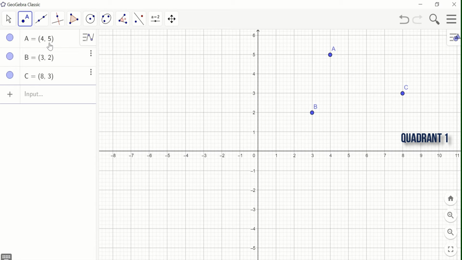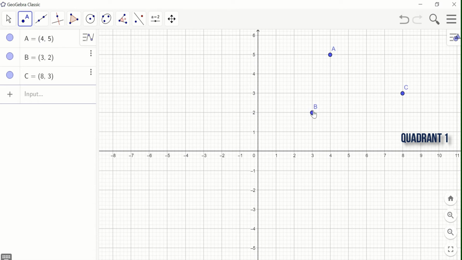So that's why you have 5 here. So from the center, you go 4 steps to the right, and after that, you go up 5 steps. So you have 4 and 5.